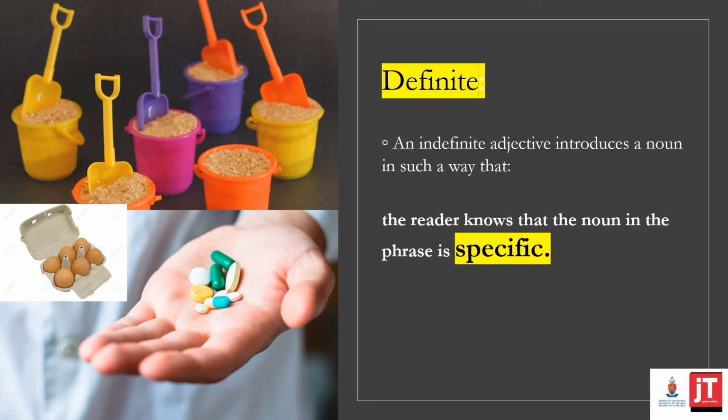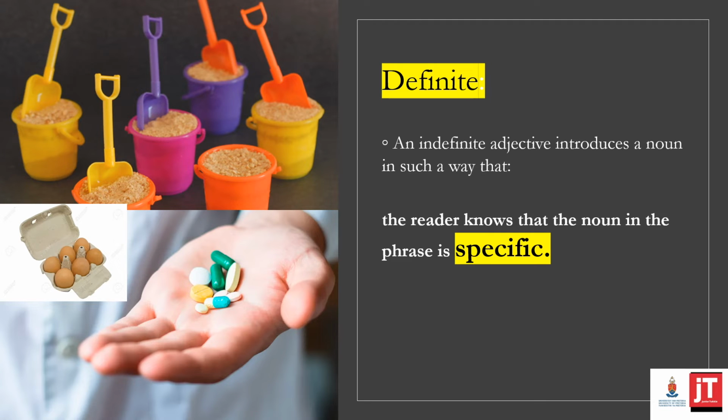But before we go into the pronouns, I just want to quickly reiterate the difference between a definite and an indefinite adjective. Definite adjectives introduce the noun in such a way that the reader knows that the noun is specific.